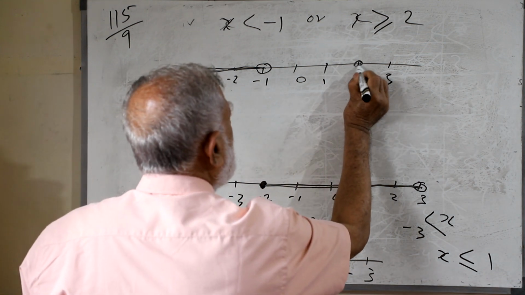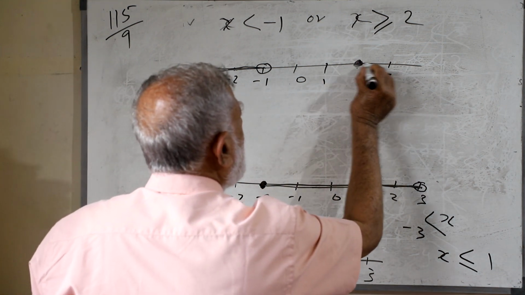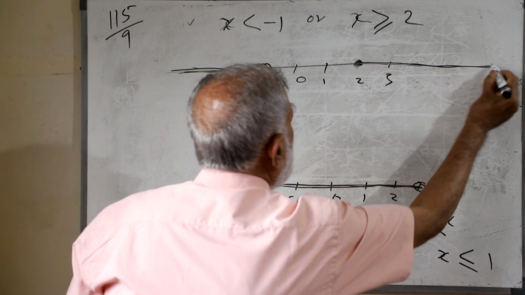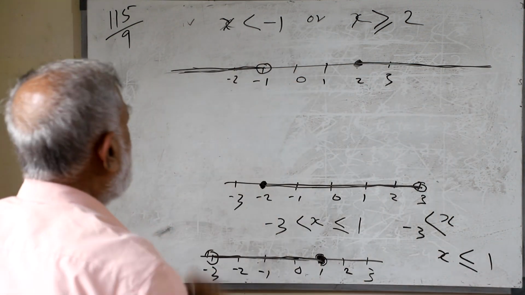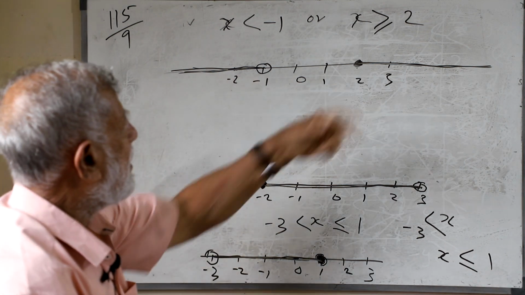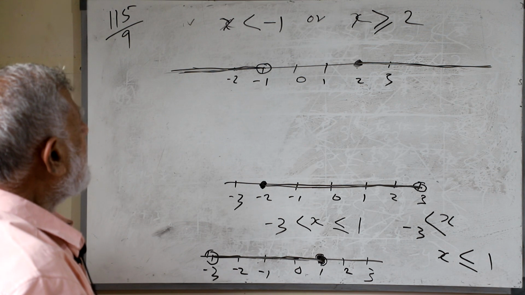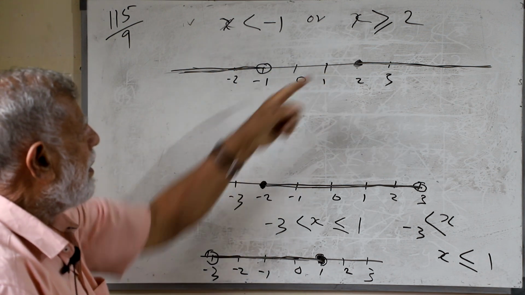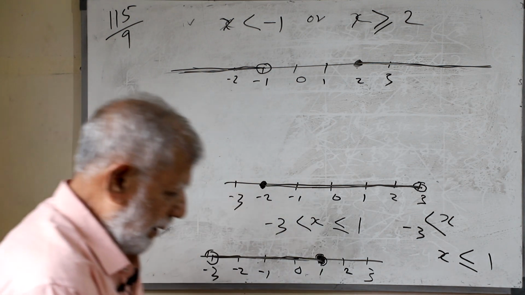So, greater than or equal to 2 means you have to color this. Coming like that. So, this graph will be x is less than -1 or x is greater than or equal to 2.